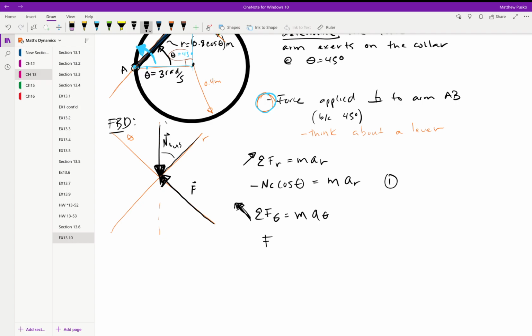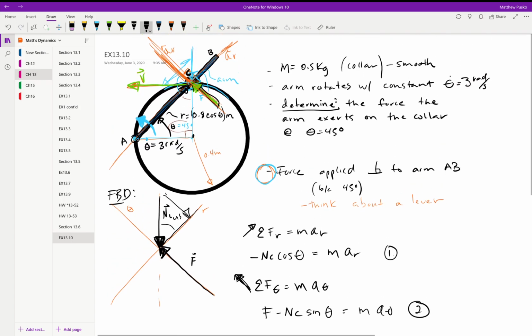So we have a positive force applied, and then we have a component of the normal force acting in the negative direction, and it ends up being N_C sine of 45, or theta. That's going to equal the mass times the acceleration in the transverse direction. So we have two equations now.